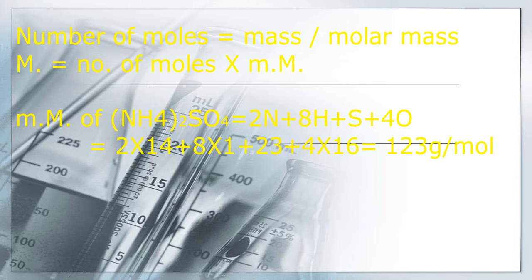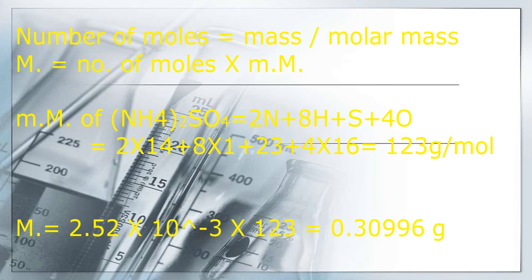So here the molar mass of it will be 123. And we have its number of moles here. So the mass equals 2.52 times 10 power negative 3 times 123. So it will give the mass of it, 0.3009 gram.